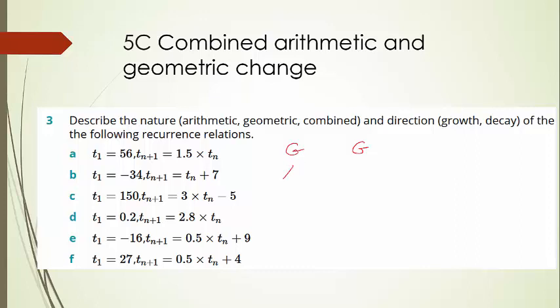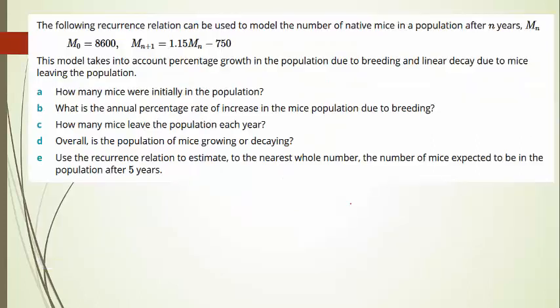B is arithmetic. The numbers are going up by 7, so that's an example of arithmetic growth. The third one is multiply and then subtract, so that's a combination. And it looks like the numbers are going to be growing because multiplying by 3 and only subtracting 5 is never going to produce a sequence that is getting smaller. I'll leave you to do the other 3. Pause while you think about it and then check your answers in the back.